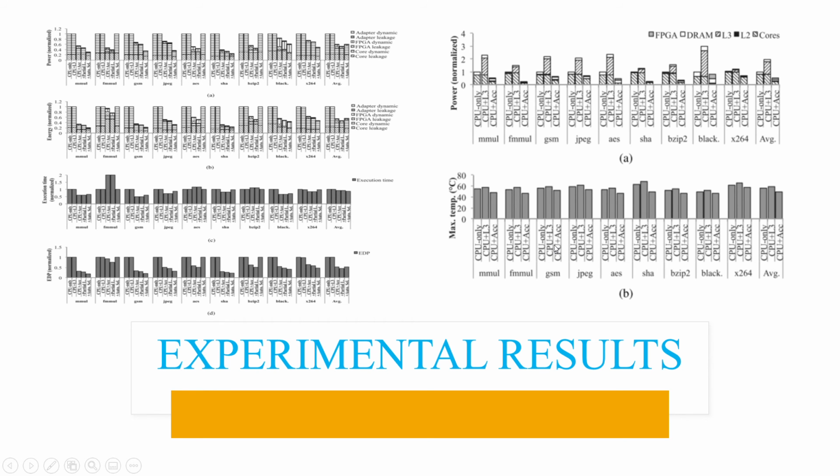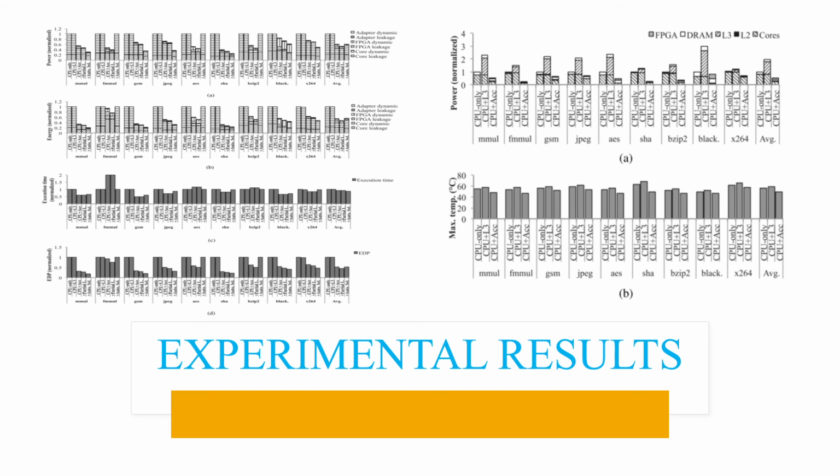Next we move to CPU versus accelerator, but we will compare at the application level: power, energy, performance, and EDP. From this figure, they found that CPU plus L3 performs very similarly to CPU only. The average execution time of CPU plus L3 is 99.8% of the CPU only.